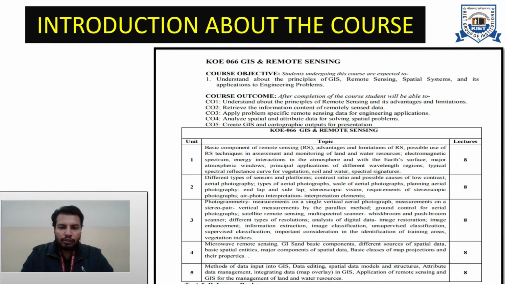If we go by the syllabus mentioned by the university, we can see that the whole course is divided into 5 units, and the first unit is all about remote sensing.